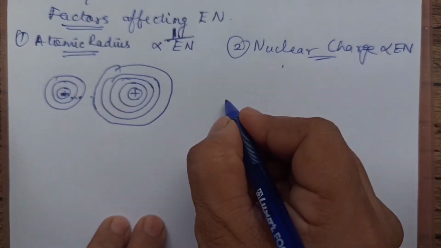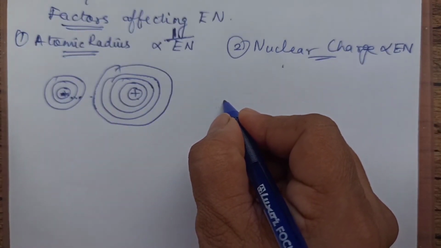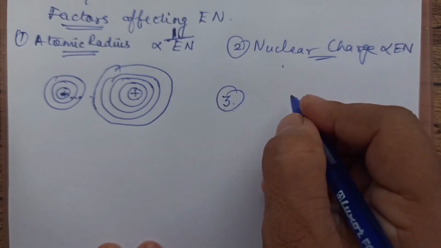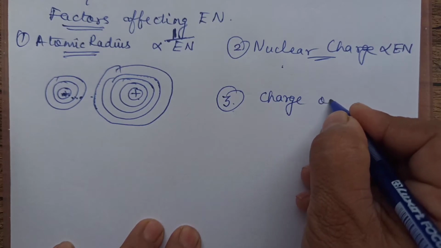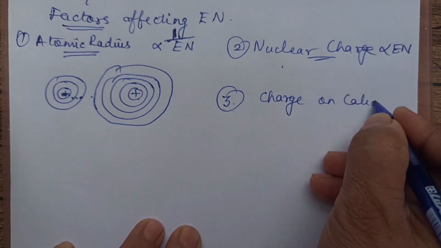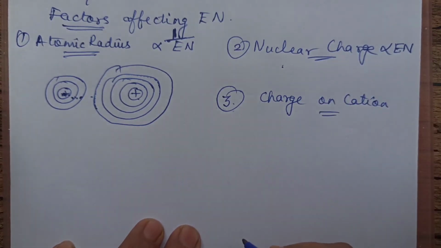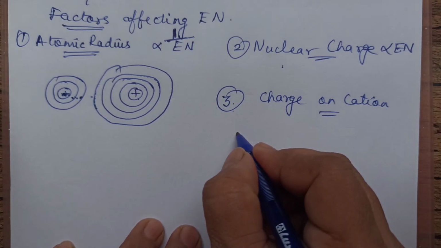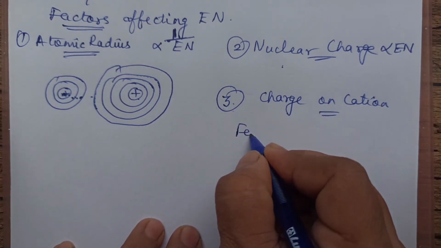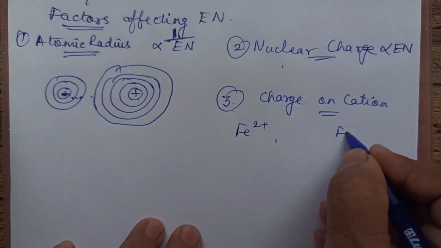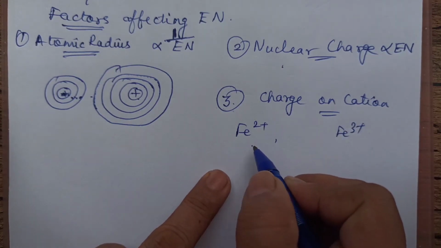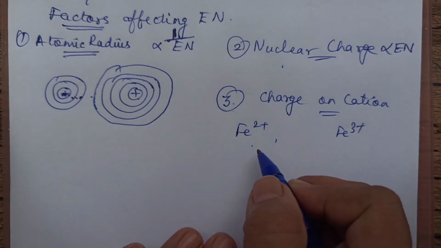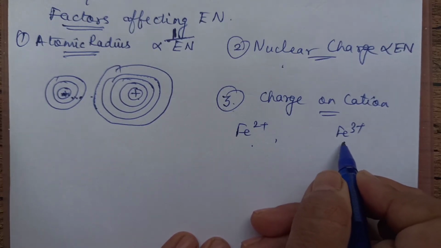Clear? Now the third factor we are taking is the charge on cation. Now suppose I compare two species like Fe2+, Fe3+. Okay, so which will be able to pull electrons to greater extent? We know Fe3+ is having more charge.